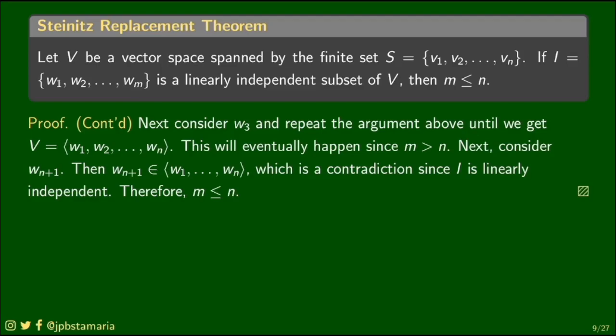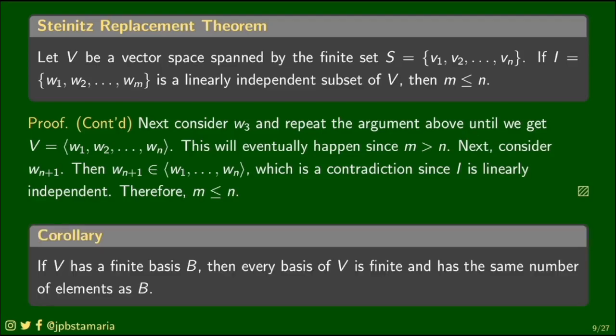Alright, so remember, if you have a spanning set with N elements, then any independent set must have at most N number of elements. It follows as a consequence that if you have a finite basis B, then every basis of V is finite and has the same number of elements as B. Why is that the case?